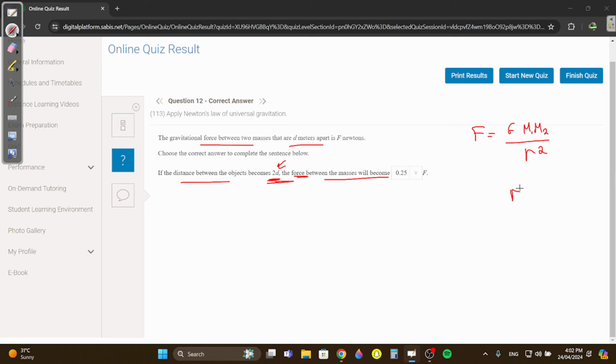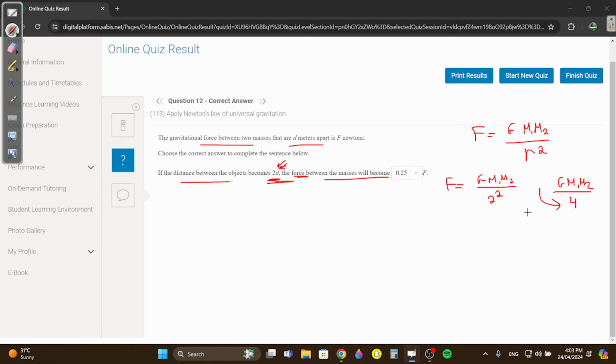Since we're squaring it, F equals G m1 m2 over now 2 squared. This is how I like to do it. Since now we did 2d, it's 2 squared. So that would be G m1 m2 over 4.